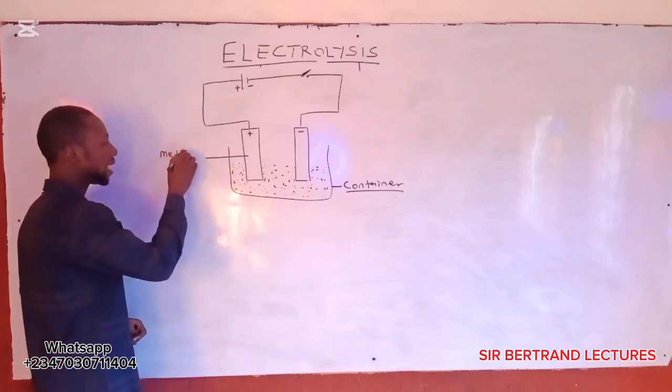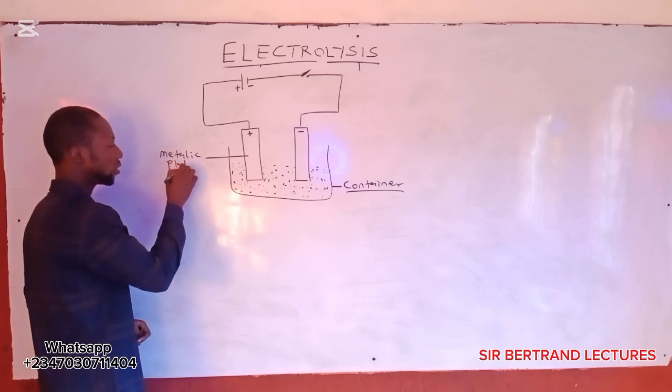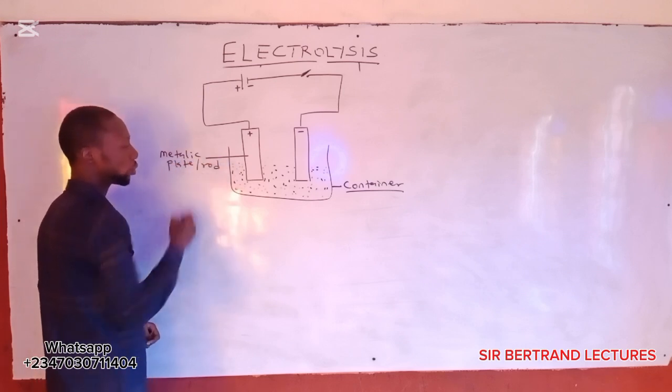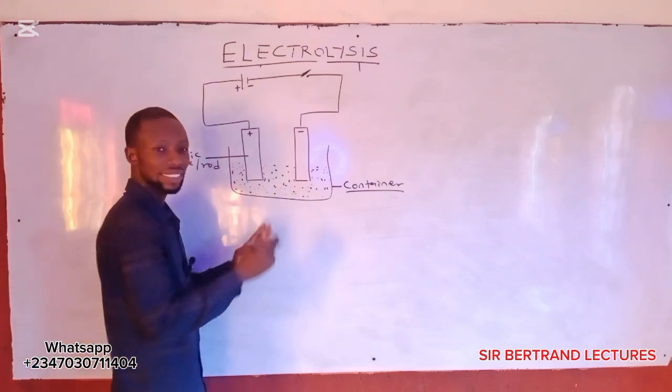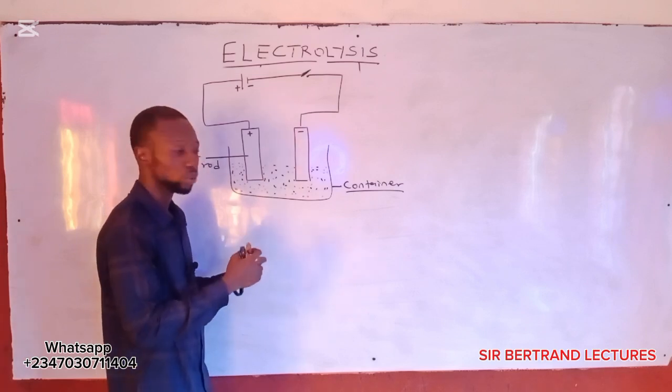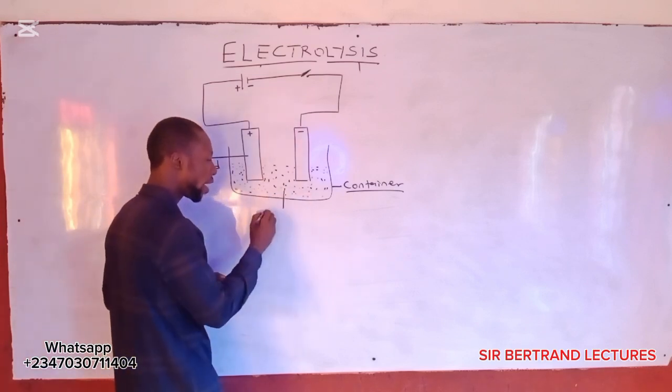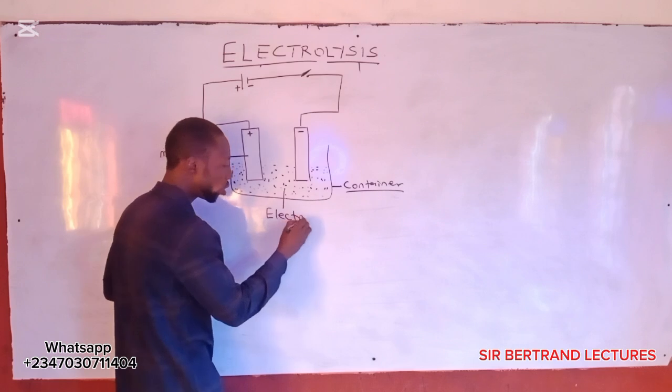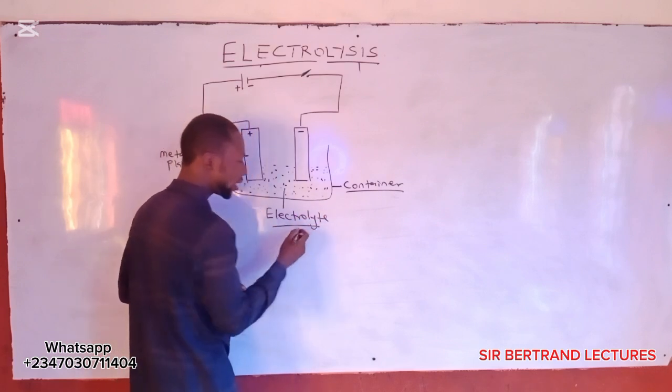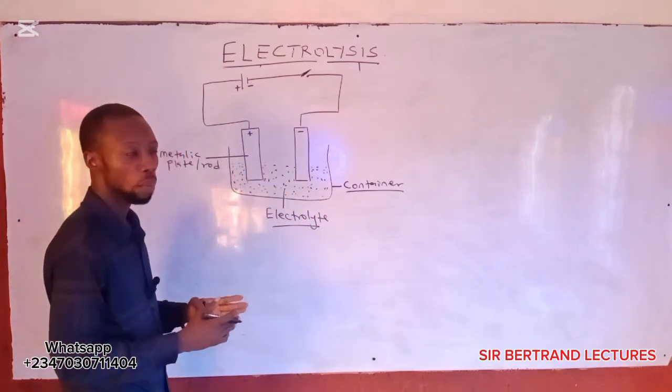You can call it a metallic plate or rod. Then this is the semi-liquid compound which we discussed before as the electrolyte, which is a compound in molten form.